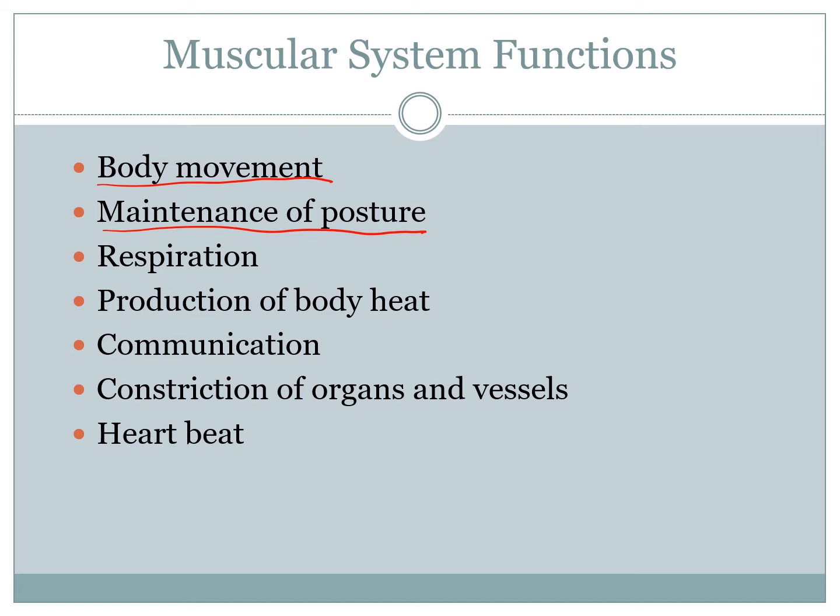From there we have assistance with organs, mostly respiration, but then also the return of blood through venous return with smooth muscles. And something that most people don't think about, the muscle systems are responsible for our communication. How we talk to one another has all got to do with muscle control.